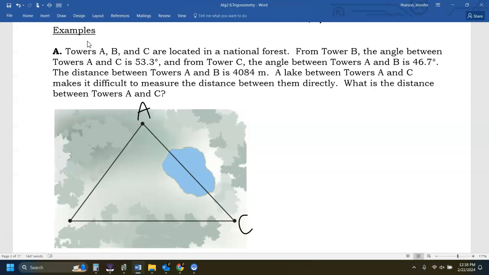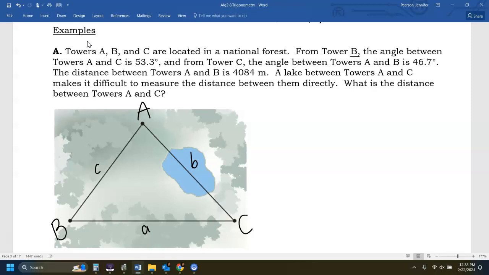So I added the A and the C because I know that there's a lake between them, and I'm going to throw a B on that third corner then. And remember what we talked about? That means that lowercase a is across from big A, lowercase b is across from big B, lowercase c is across from big C. And I'm going to add some of the numbers I see here.